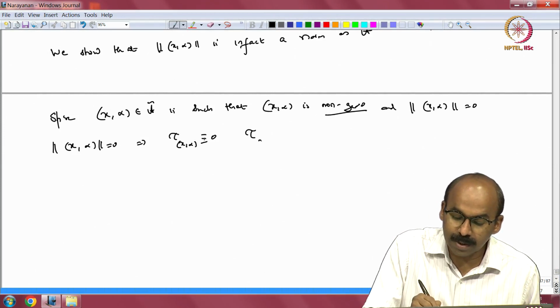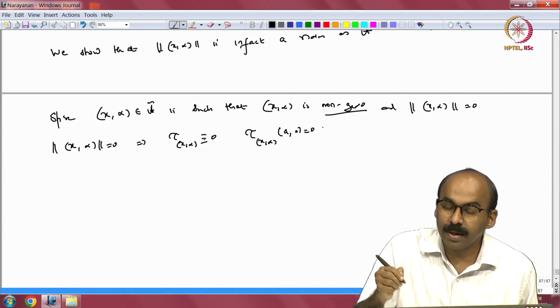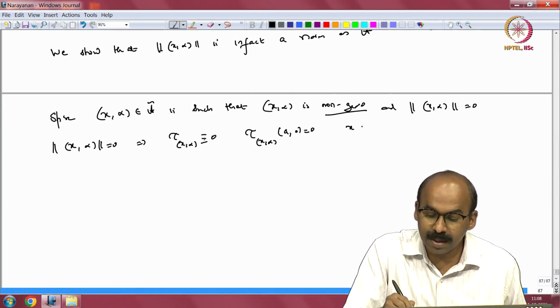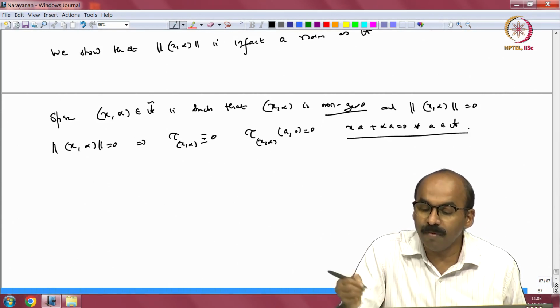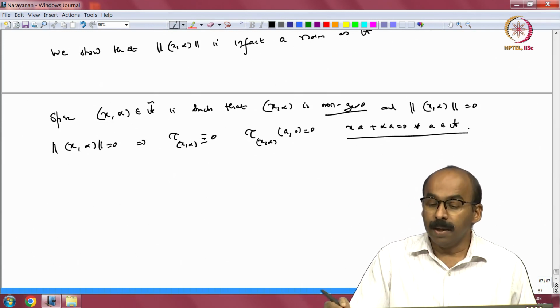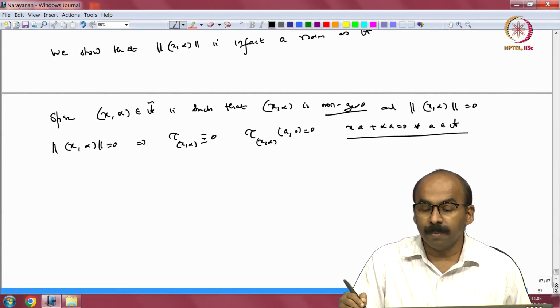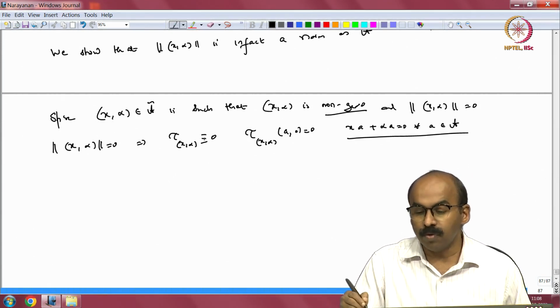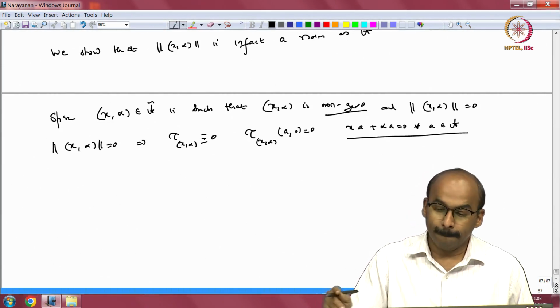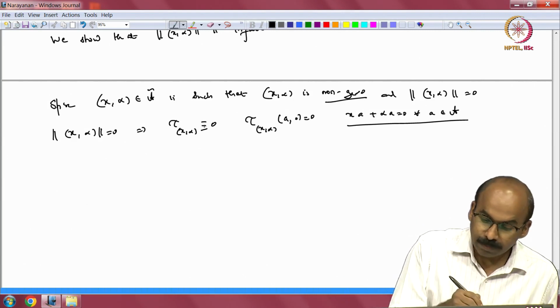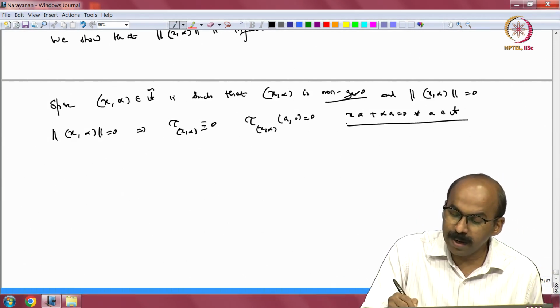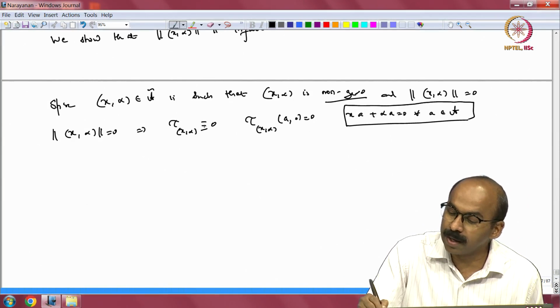So, tau x alpha acting on any point a is 0, right. But that is simply x a plus alpha a equal to 0 for every a in A, right. So, the norm of x alpha being 0 implies that x a plus alpha a is 0 for every a in A. Okay. From this we need to get a contradiction. Okay. So, keep this in mind because this is going to be used again and again.